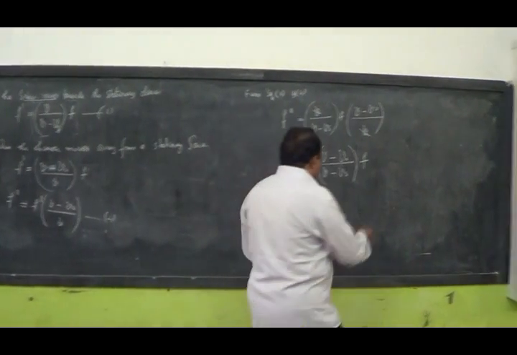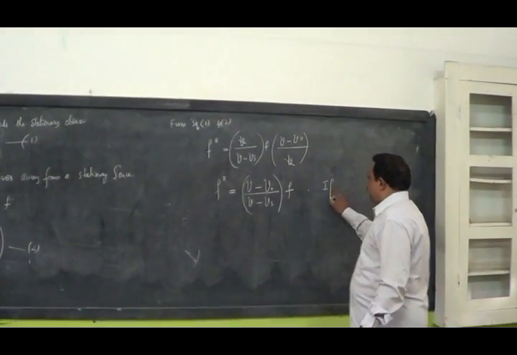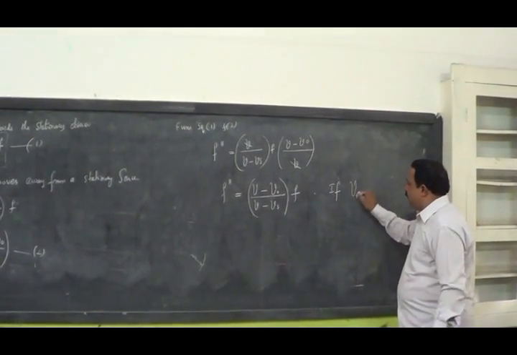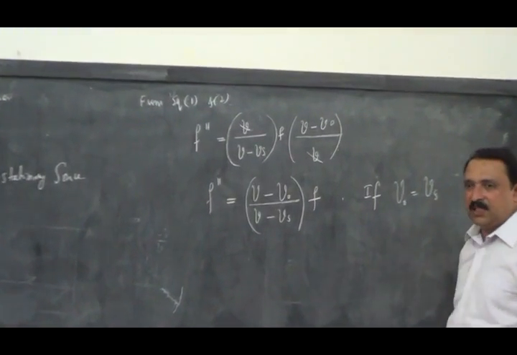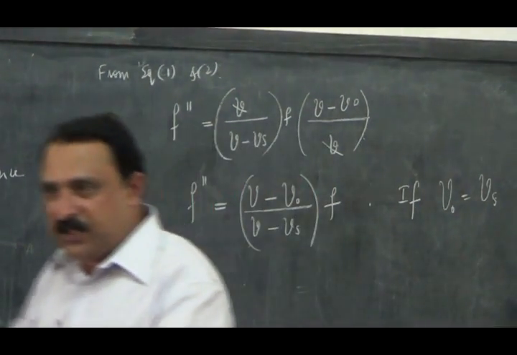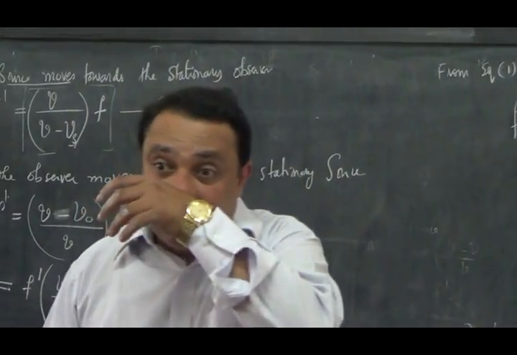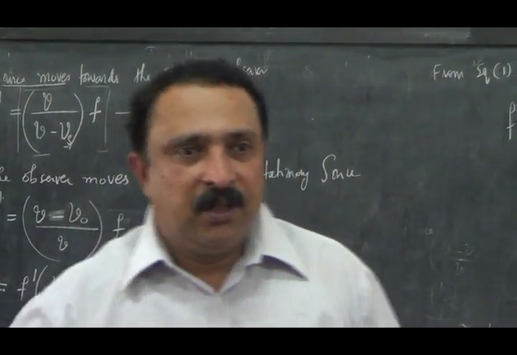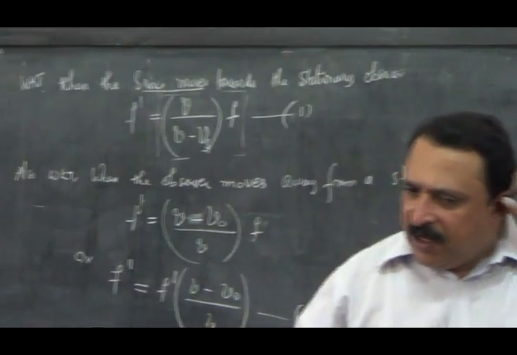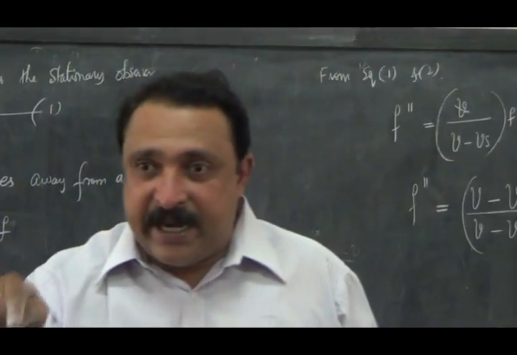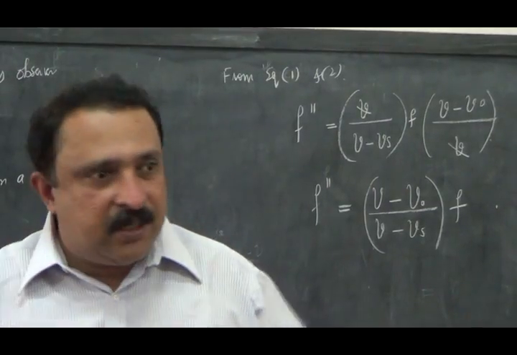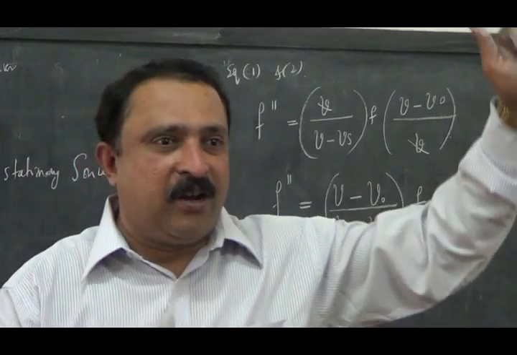Now, as an extension, I am talking about V naught equals Vs. Let's suppose that the velocity of the source and the velocity of the observer are same. Can you give an example when this is possible? You are sitting in a train and the train is going, he is blowing the horn.